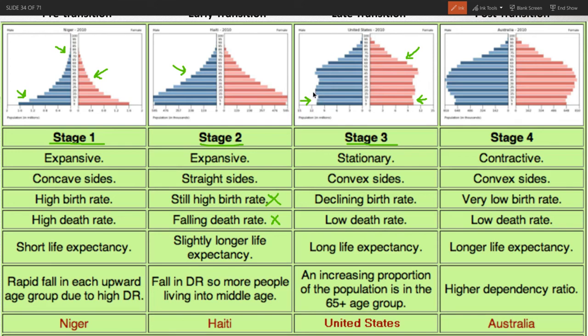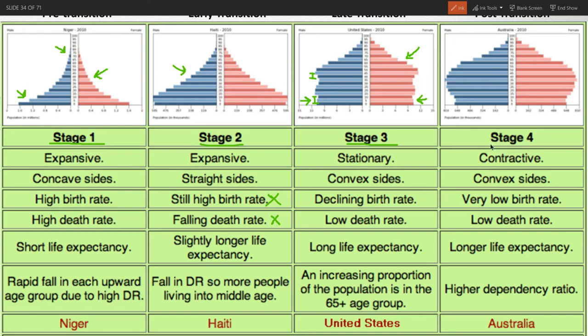That can be indicated by the numbers of people in the youngest age groups being roughly equal to people in the middle age groups. This graph is mostly matching up with a stage 3, but there's some crossover into stage 4.